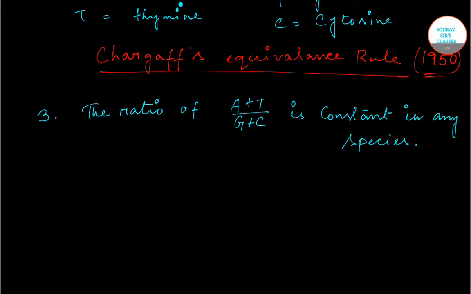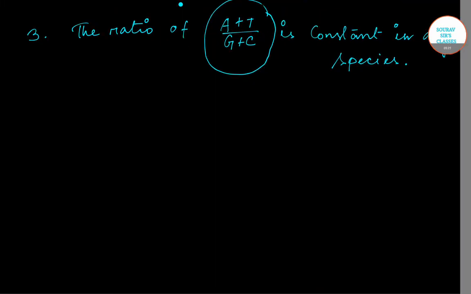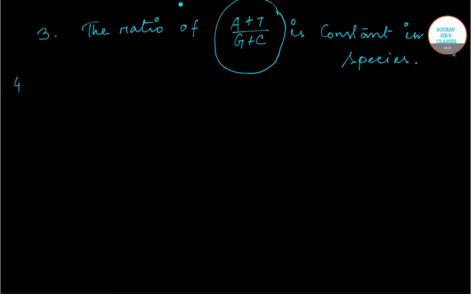So it doesn't matter what kind of species it is, this ratio of adenine plus thymine to guanine plus cytosine will always remain constant. Now the next one is DNA is made up of two long chains, that is strands.